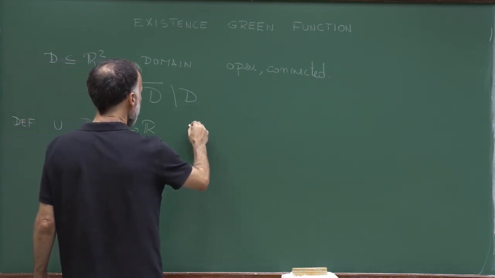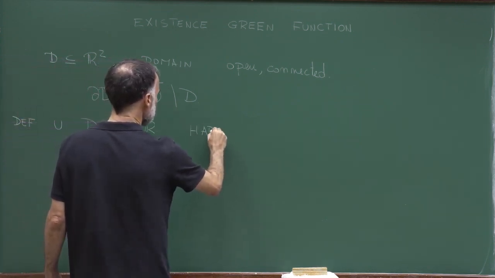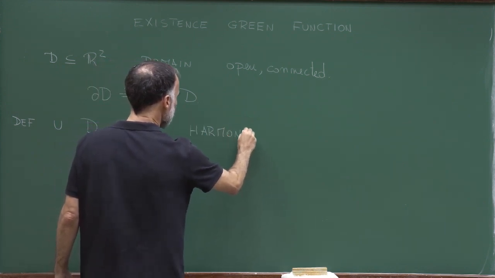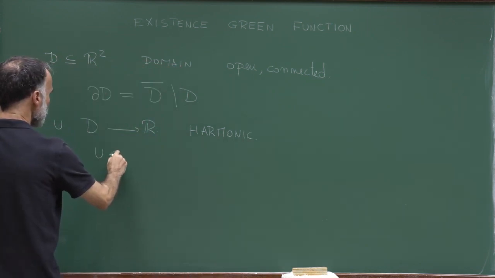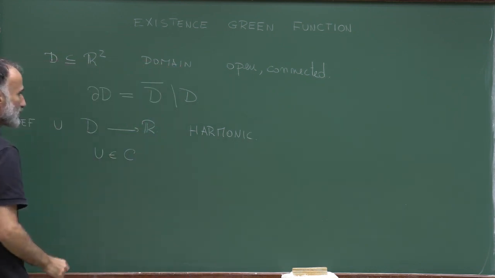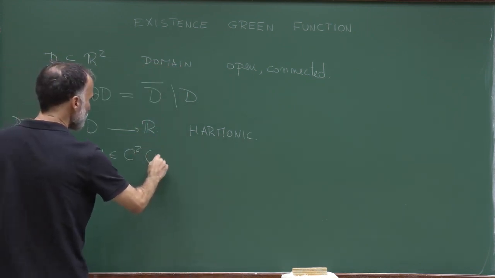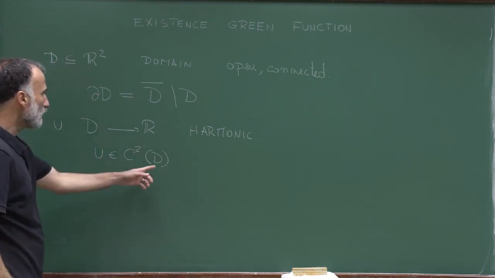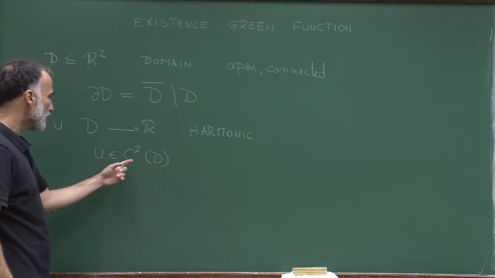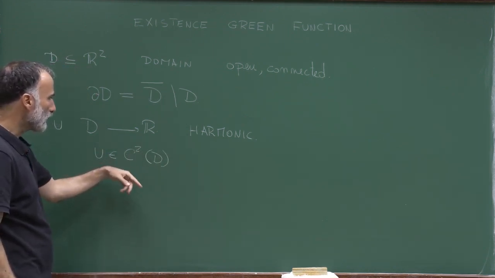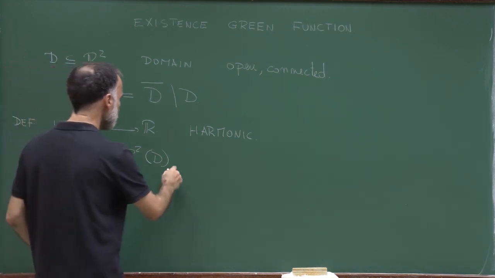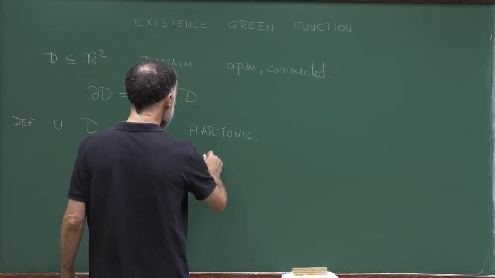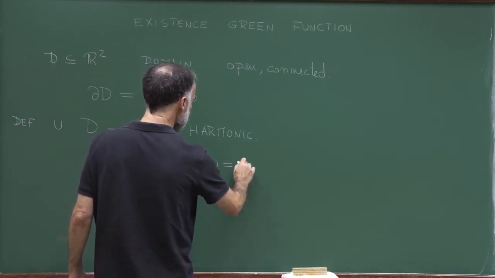I will say that U is harmonic if the following holds. Well, U is a function of class C2 in D. This means that at all points of D, U has a second derivative in each direction, and that these second derivatives are continuous. And moreover, the Laplacian of U is equal to 0.